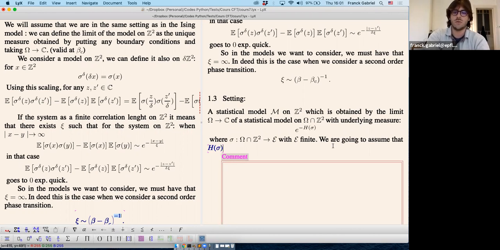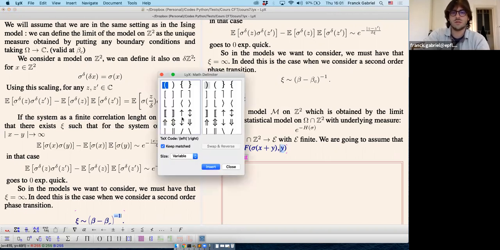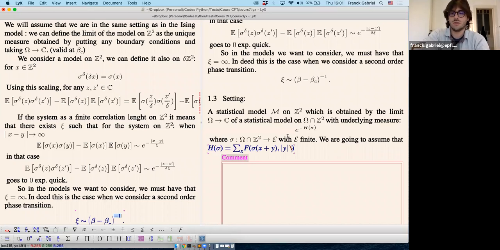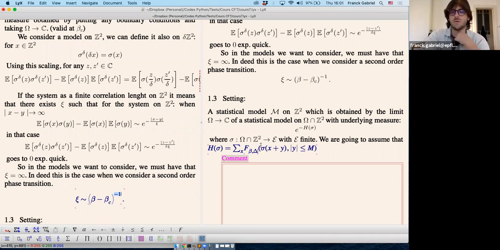It's actually equal to the sum over X of a certain function F of X and sigma of Y, where Y is in the neighborhood of X. So here you can have parameters. For example, it's here that I'm hiding the beta. I could hide the delta for the Blume-Capel, or things like that.